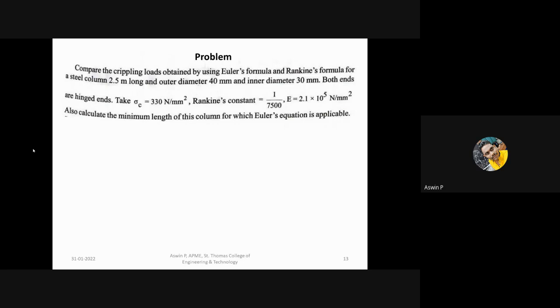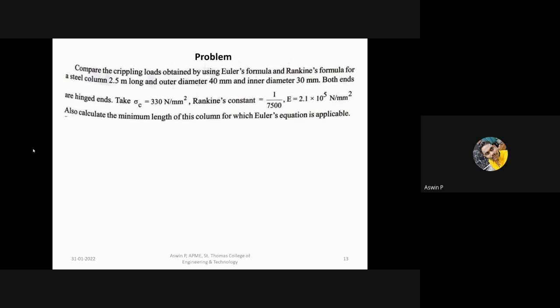Take sigma c equal to 330 Newton per mm square, Rankine's constant 1 by 7,500, E is equal to 2.1 into 10 raised to 5 Newton per mm square.